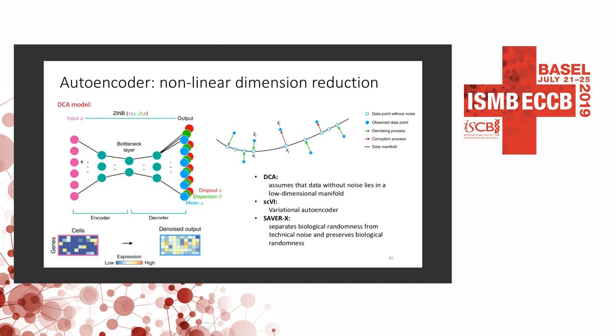So how do we separate biological randomness from the technical noise? Because we have a model for the technical noise telling us how large the technical noise is based on your observation. And the second thing is that when we do transfer learning, the other data have different technical noise. So that's why we first pre-train the autoencoder using public data sets, which contain some features that may be just the technical features of the other data sets.